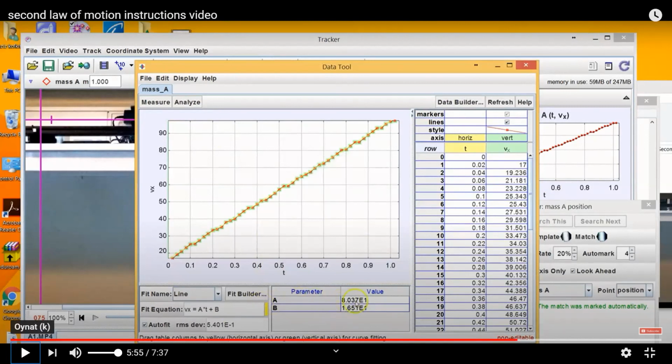The A parameter here is the value of the slope of the line.